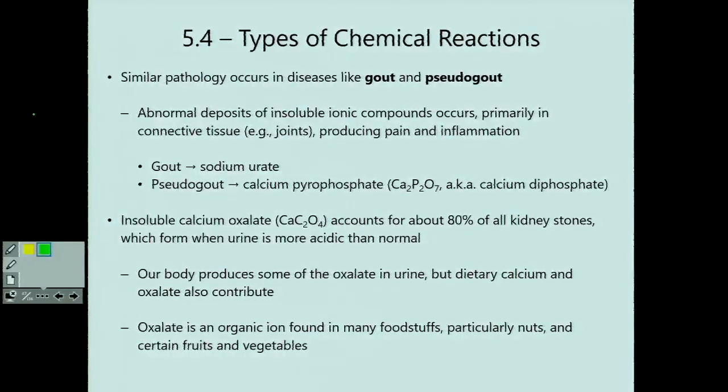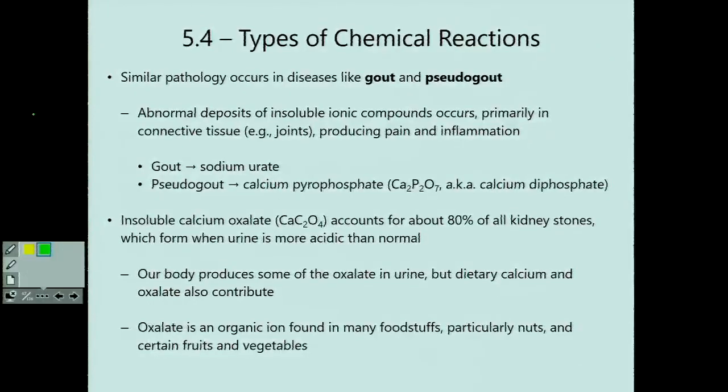So what happens with these diseases is you have these abnormal deposits of insoluble ionic compounds, and for whatever reason, in some cases it's not clear why, they tend to accumulate in the joints and in certain connective tissues, and when they deposit in these places, they cause severe pain and severe inflammation.